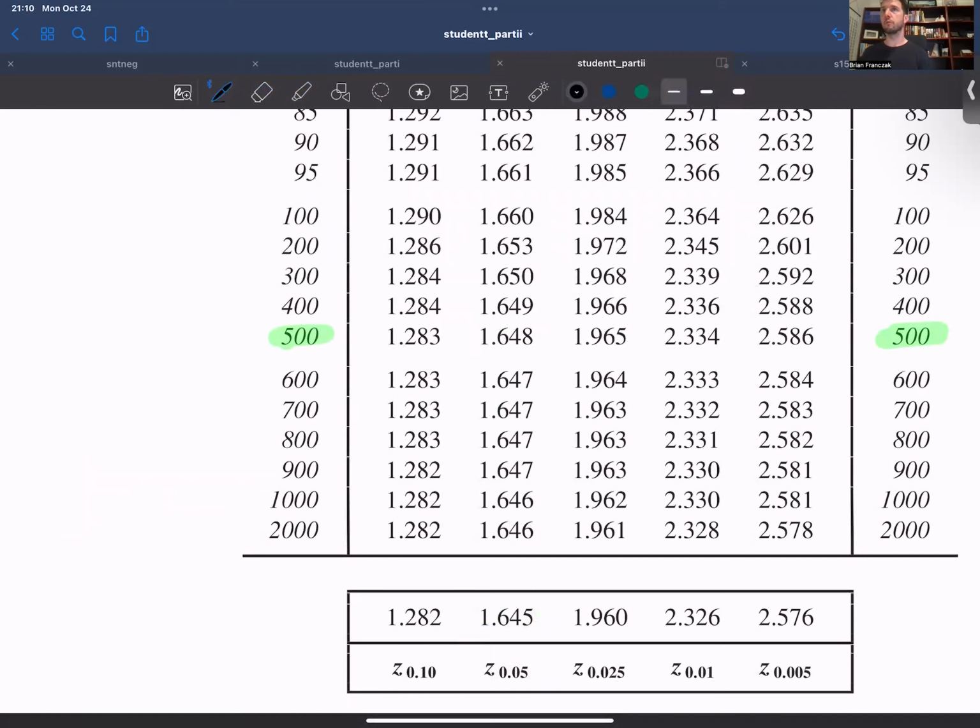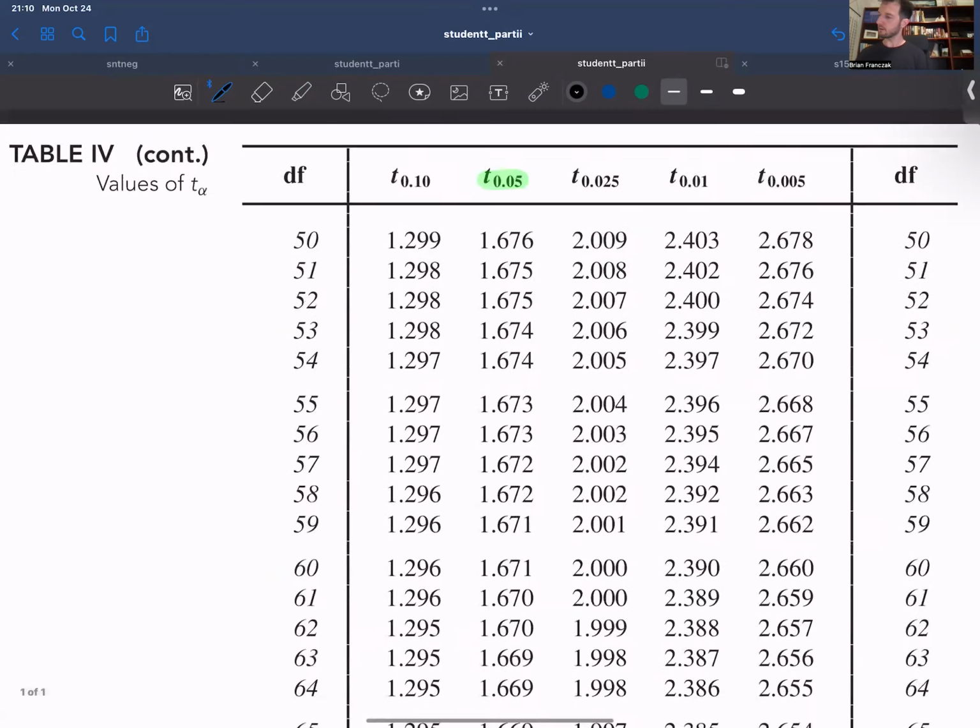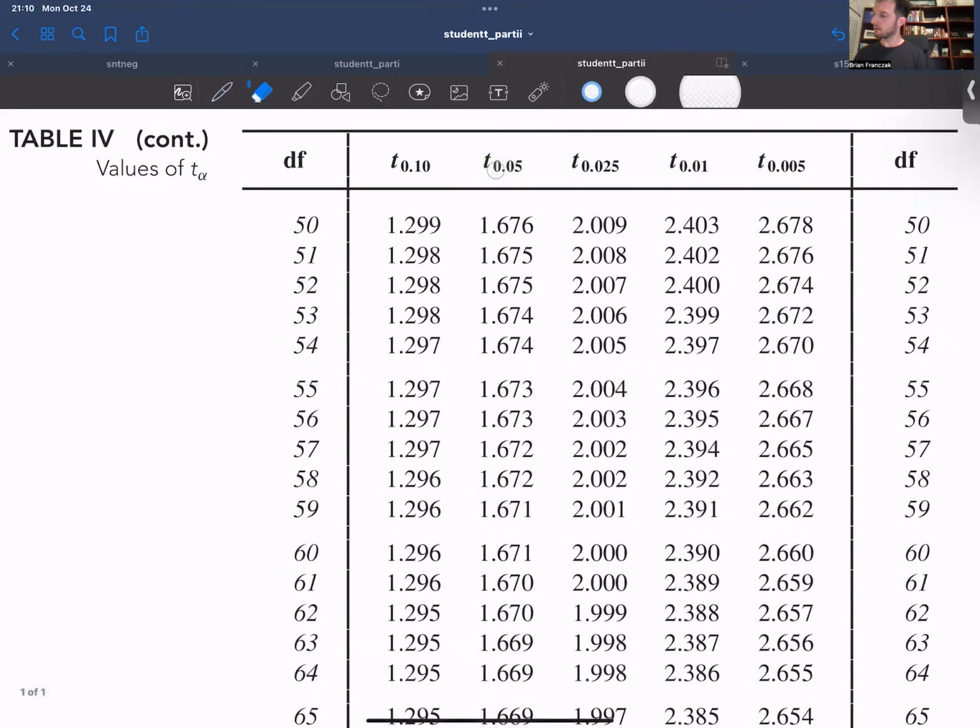We're looking for 2.415, which is in between 2.334 and 2.568. So our value is in between these two numbers, and the p-value is going to be between 0.01 and 0.005.